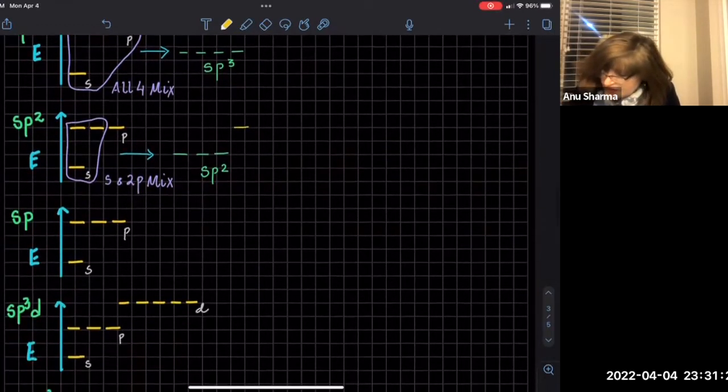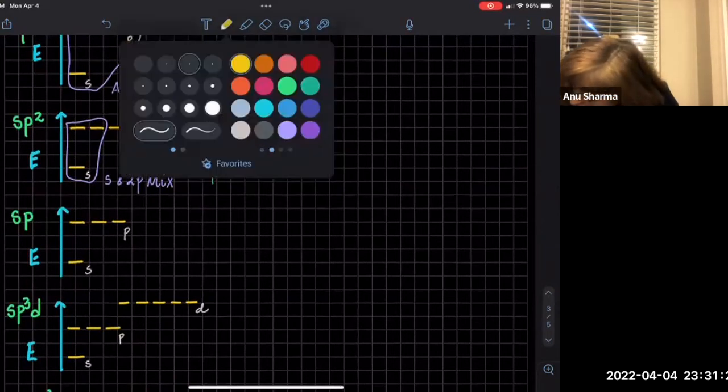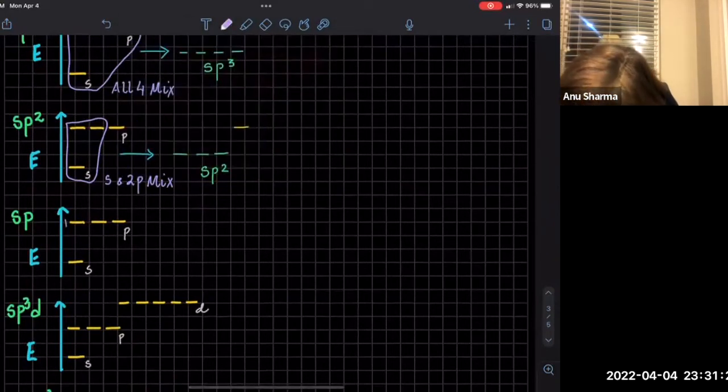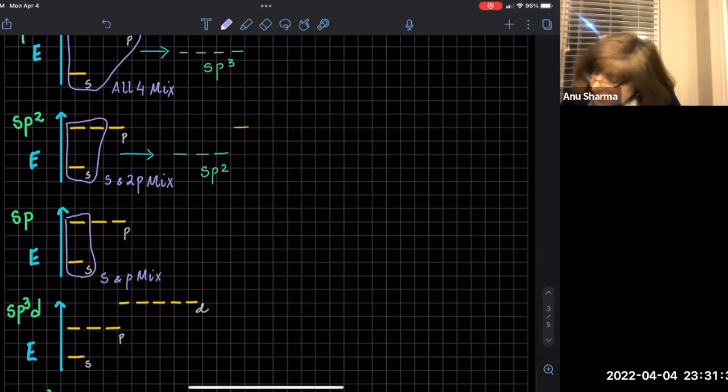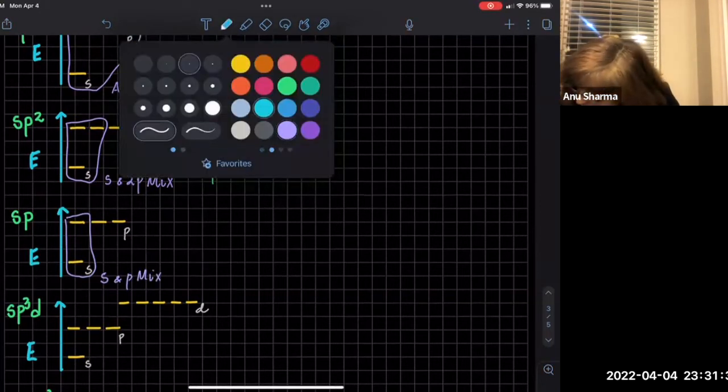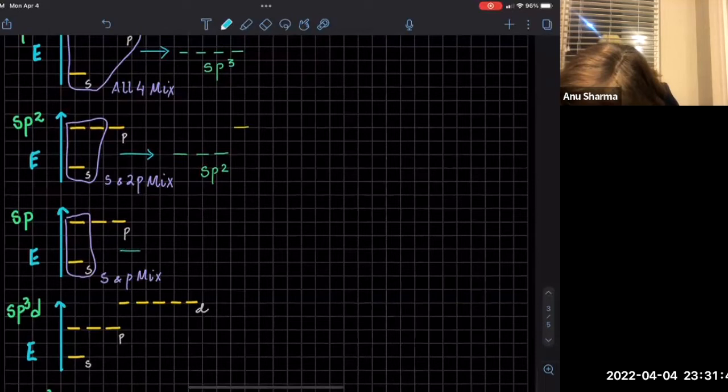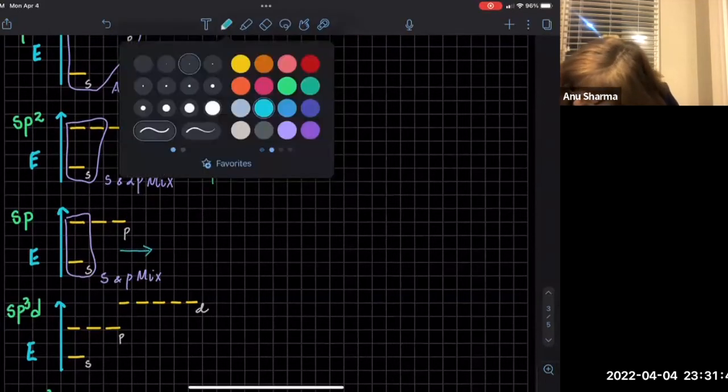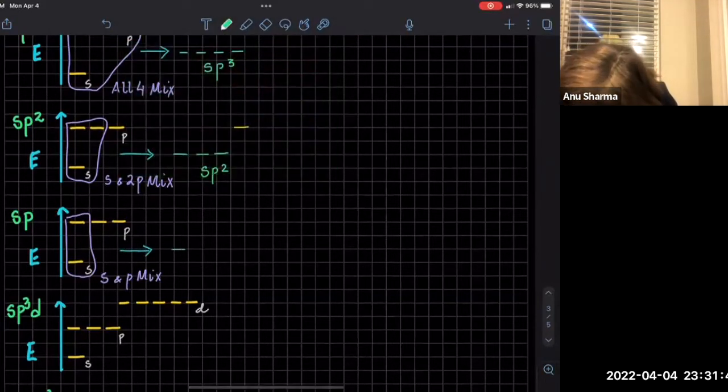Next is the sp. When we talk about sp, we are only looking at the S and the P mixing. So here one S and one P mix. And what does this mean then? Then we will have 1 and 2.